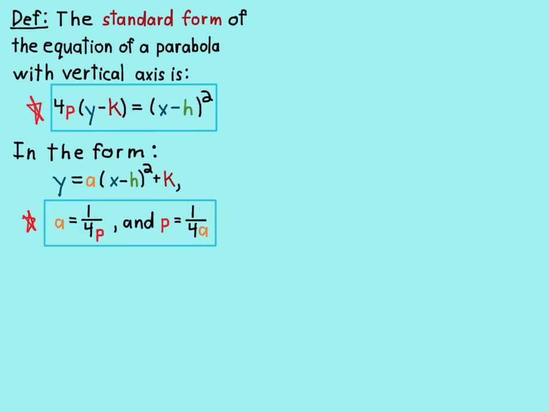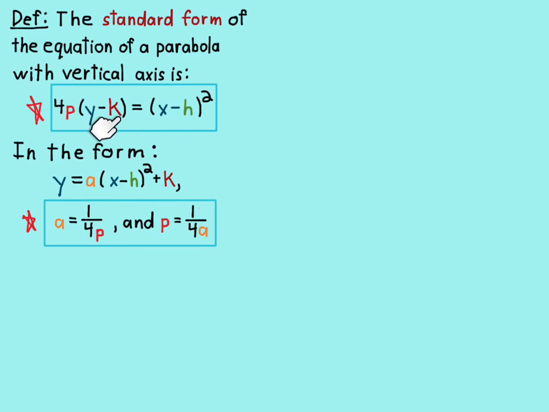If you look at it carefully, you'll see if you put this 4p on the right side of the equation, it would be 1 over 4p. And that's right where the a is on this form down here. Right, so take the 4p, cross multiply, you end up with 1 over 4p. That's the same thing as a.